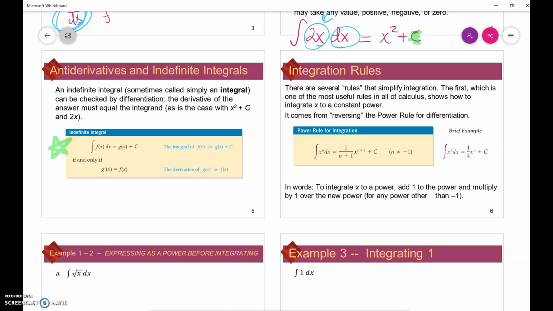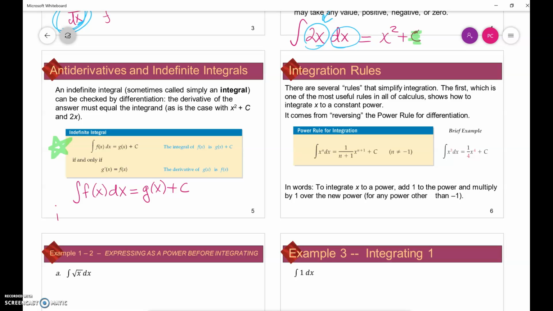If we look at this definition, the indefinite integral of f of x dx is equal to g of x plus c. We're going to get some new function, and then we add on the plus c to take care of any constants that were there.